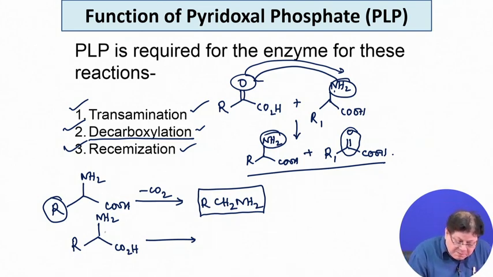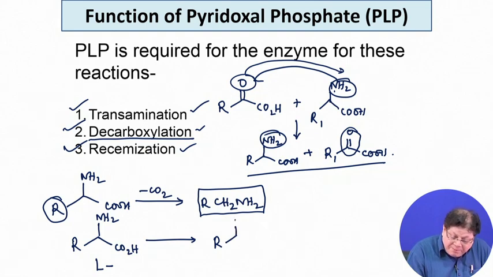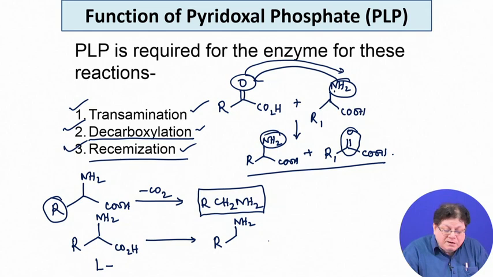Now, racemase means you take the L amino acid and convert it, and this enzyme, which is a PLP dependent enzyme, is called a racemase. So, what will it do? It will convert the L amino acid into D amino acid. Okay.